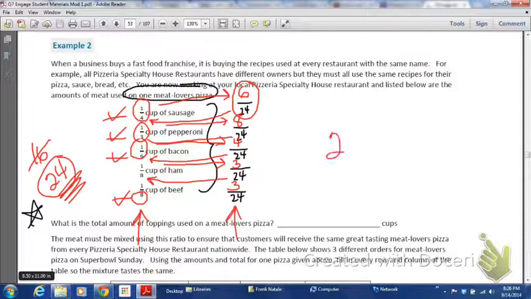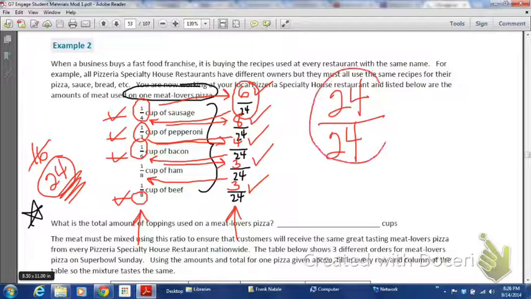So I have 24ths, and then I just start adding my numerators. I have 6. 6 plus 8 is 14. Plus another 8 is 22. Plus 3 is 25. Plus another 3 is 28. So I get the total of 24 24ths, which is the same as 1 cup.